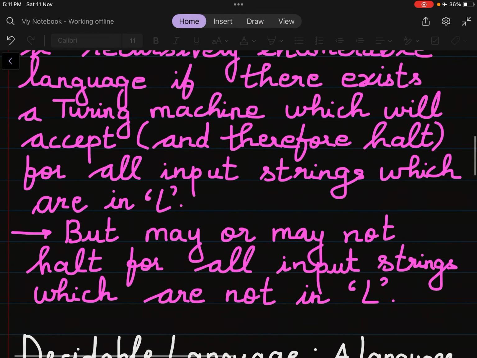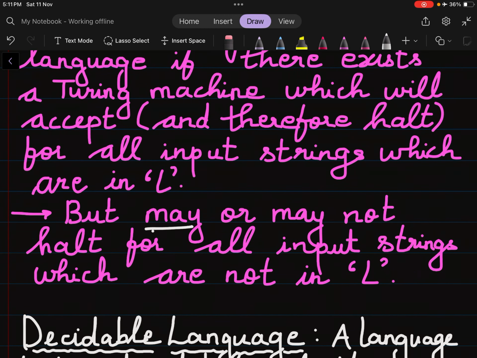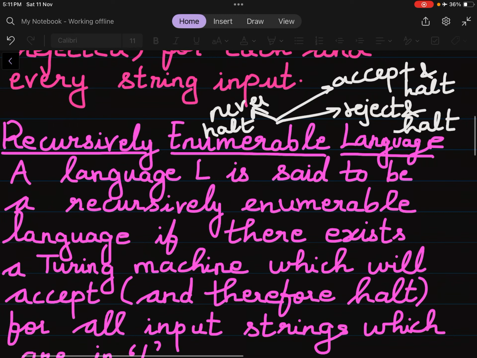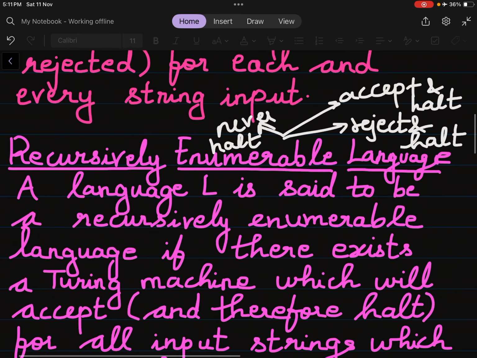So the word 'may' here means it may halt or it may not halt for an input string which is not a part of the language. So it will halt and reject, or it will never halt if the string is rejected. It will only definitely halt when the string is accepted. So there are three conditions for recursively enumerable languages: accept and halt, reject and halt, or never halt.